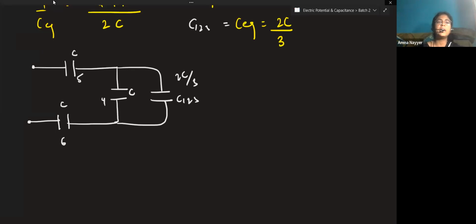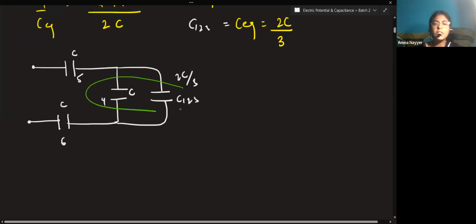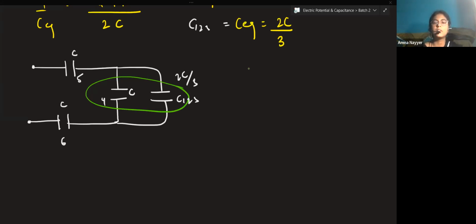Now all these are C, and this is 2C divided by 3. If you look at this combination, all of you write in the chat box what you are able to see. Which combination is this, series or parallel? Write in the chat box, all of you.